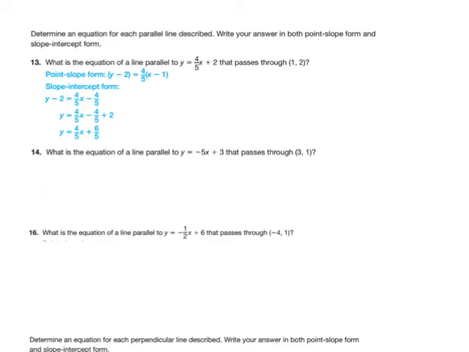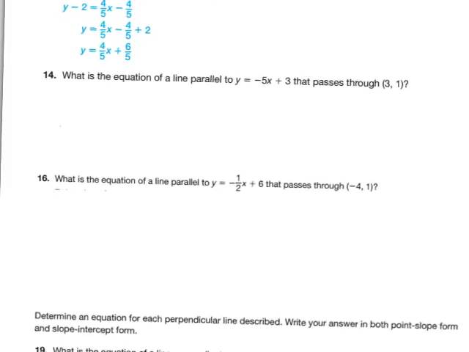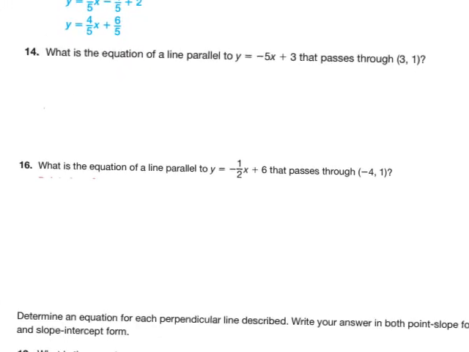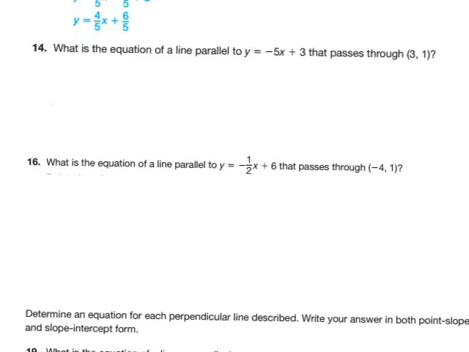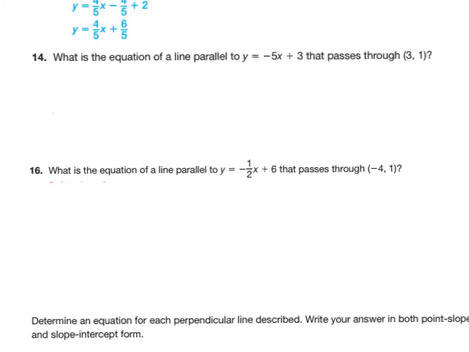All right, 15, 14, and 16, okay? Determine the equation for each line described. Write your answer in both point slope and slope intercept form. Holy smokes, no problem. All right, easy. What is the equation of a line parallel to this one that passes through here? Okay, so first, we need to find the slope of this line.